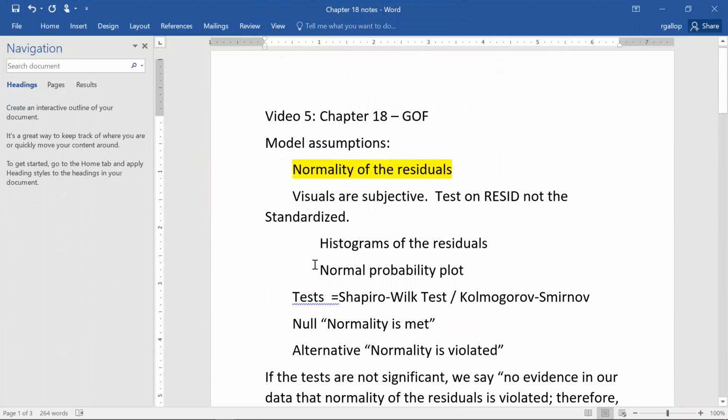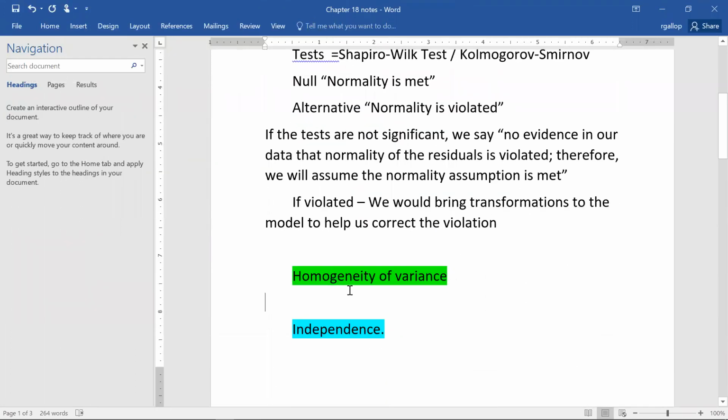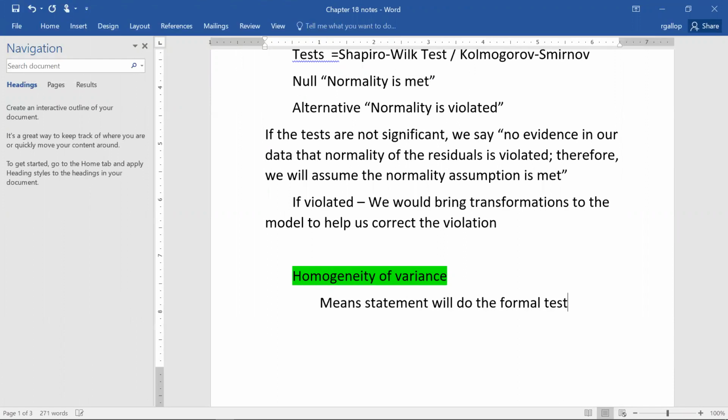Okay, so with the homogeneity of variance test, the MEANS statement is going to do the formal test for us, right?